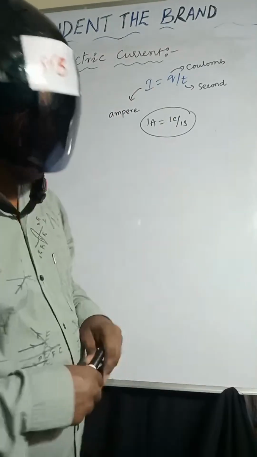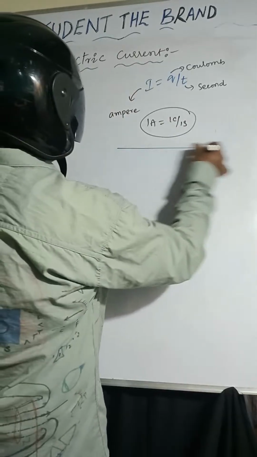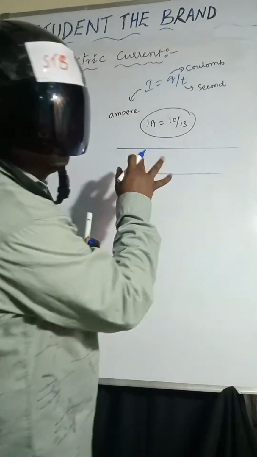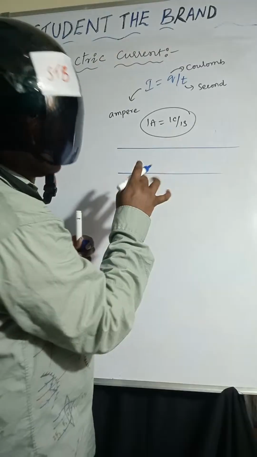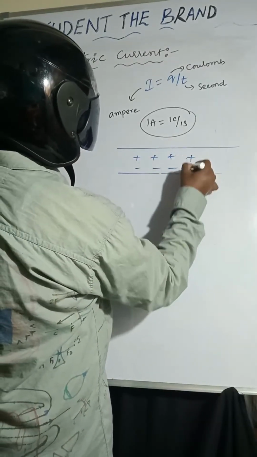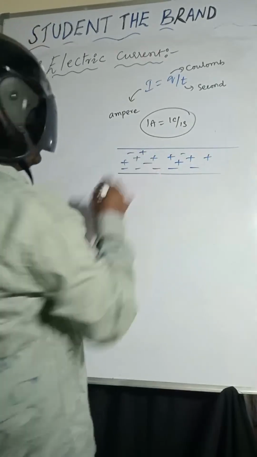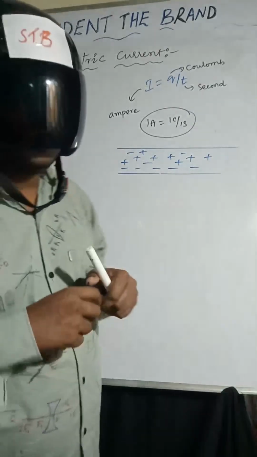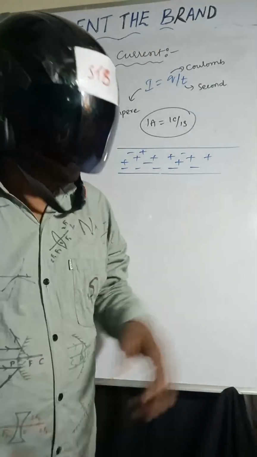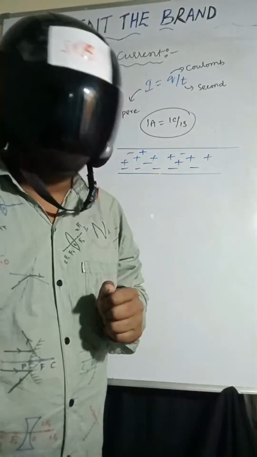So electrons will flow, charges will flow inside of the conductor. This is the conductor, and charges are moving inside of it. If only one electron is passing inside of the conductor, will you say current is passing?